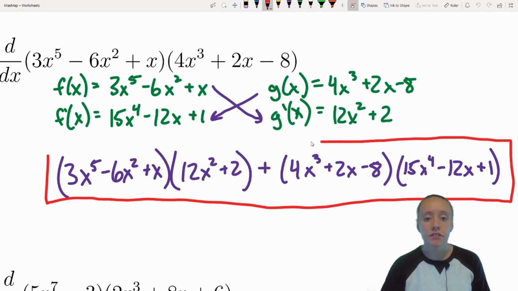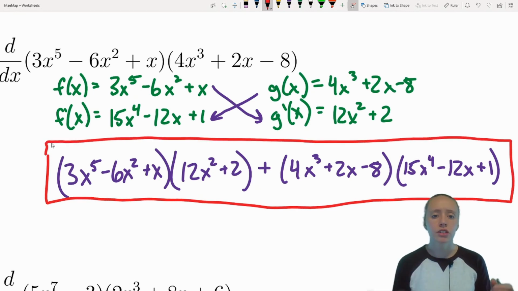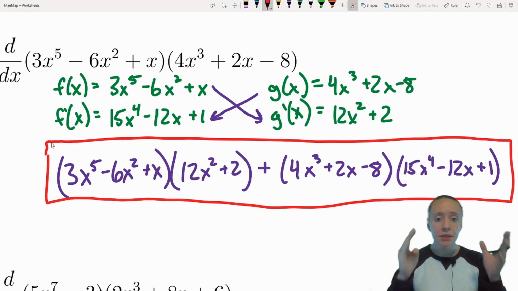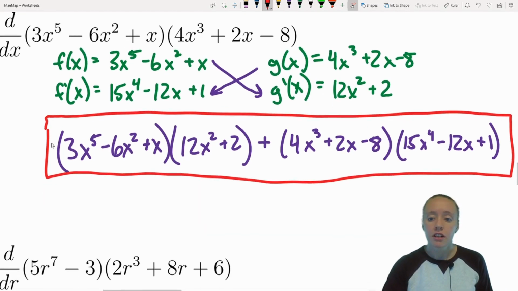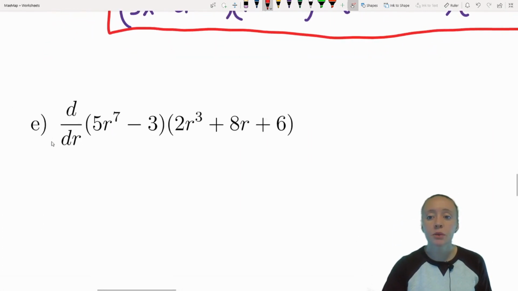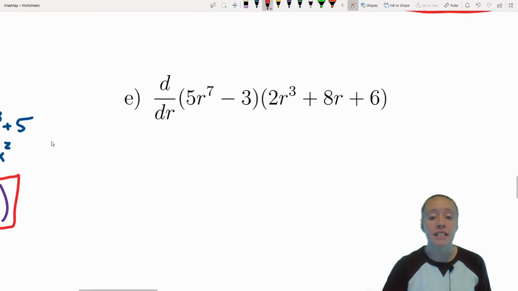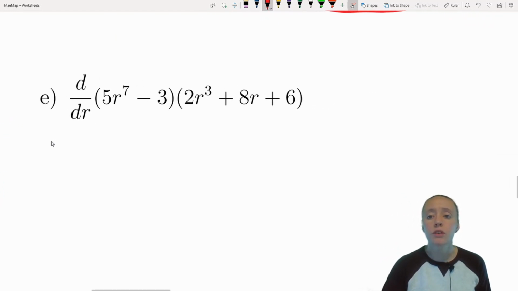And that's our derivative in this problem. It still looks a little messy, so do some algebra and simplify it down. Let's continue on, now that you've simplified that down on your own, moving on to part E.